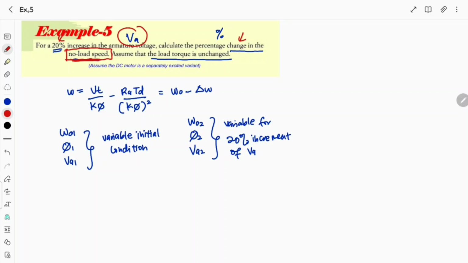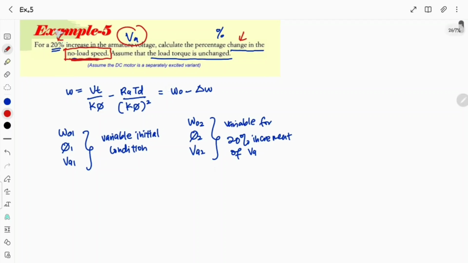It means if we increase VA, the terminal voltage, by 20%, the speed will change. How much is the change in the no load speed? When we are talking about no load speed, we are just tackling only the first term of the equation.